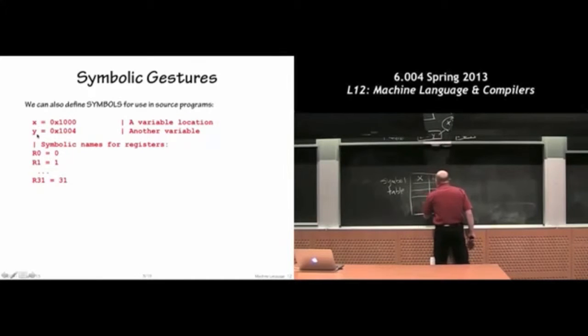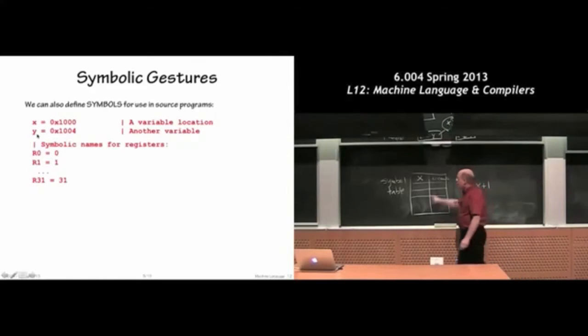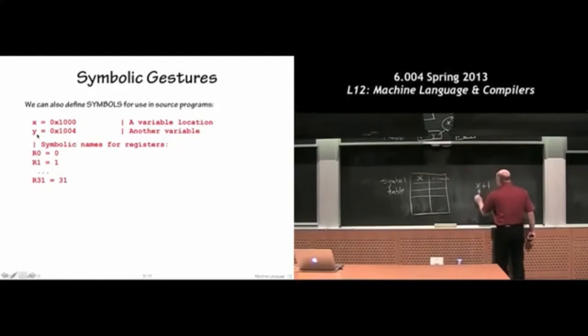Then I could write an expression like x plus 1, and the assembler will say, oh, the symbol x, I need to get its value. It will go to the symbol table and see that x is currently the symbolic representation of this number 1000. So the assembler would know to translate this into the hex number 1001.